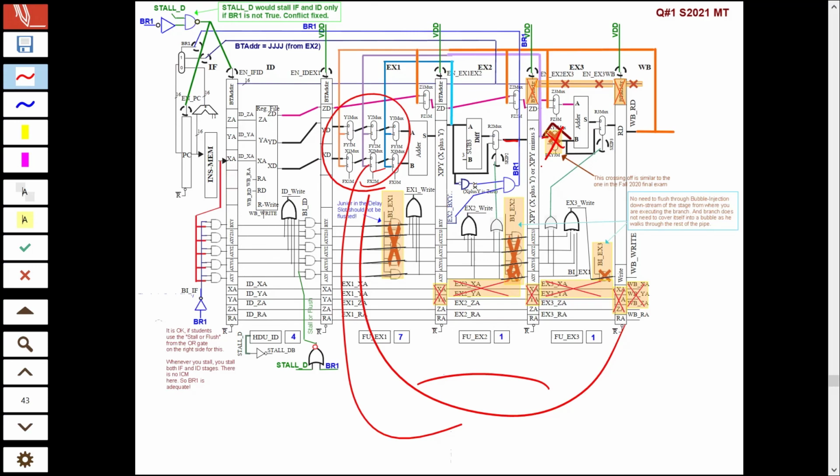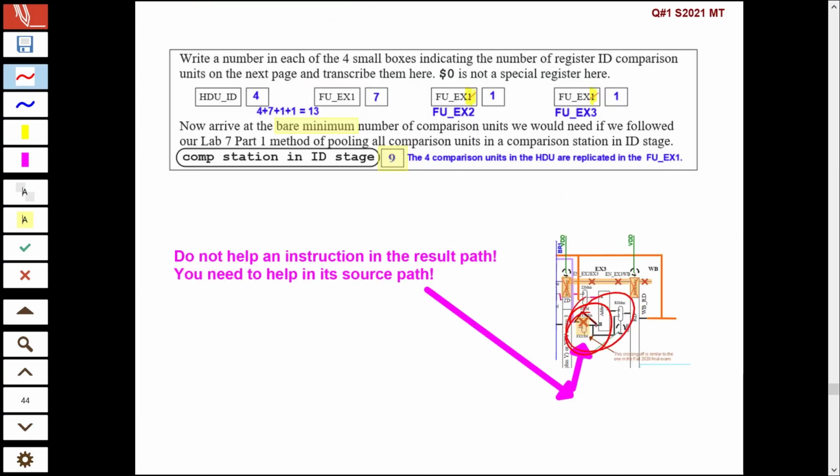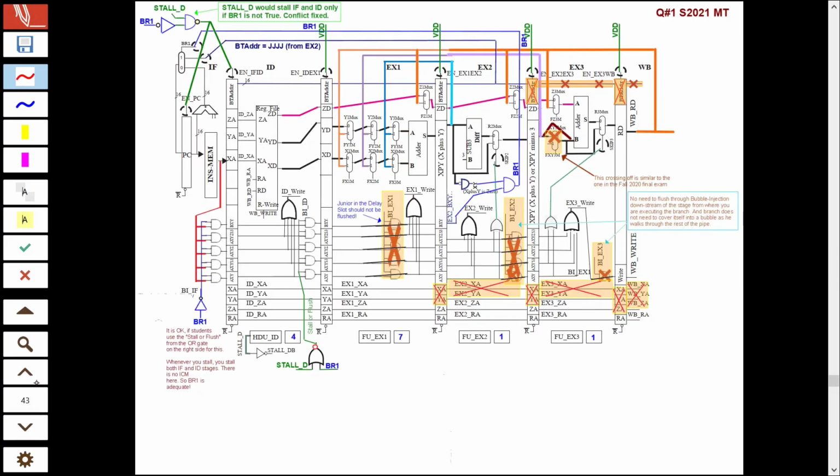Okay. Next. So we talked about this. Instead of so many comparison units, namely 13, you can manage with 9 if you open these boxes and remove redundancies. For example, there are 3 sources, so 3 internally forwarding comparison units are necessary.